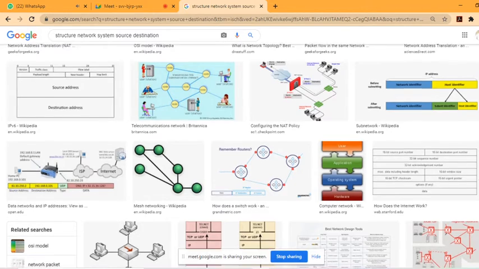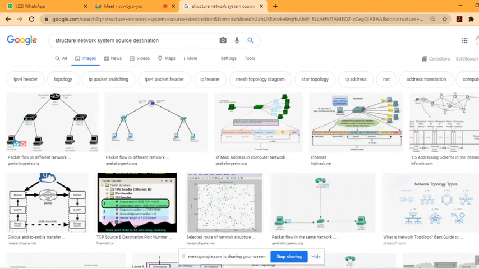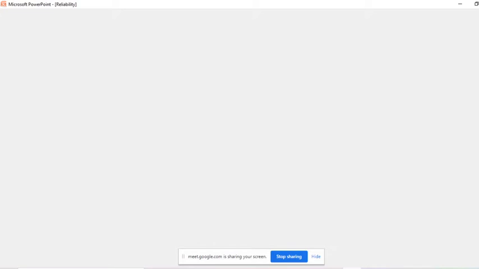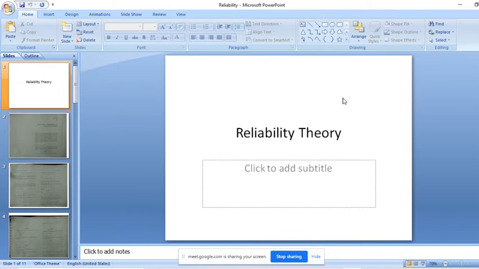Plenty of examples we can see in network systems, etc. So we have to analyze. So let us consider a simple network system. It is a bridge structure, bridge system.